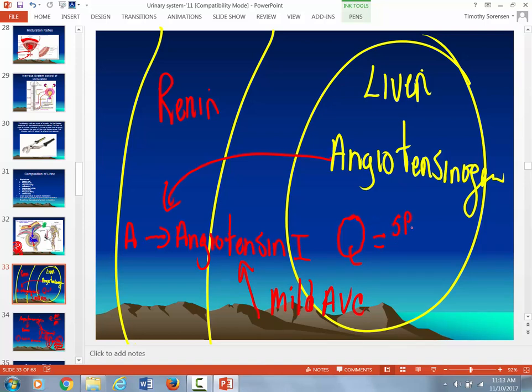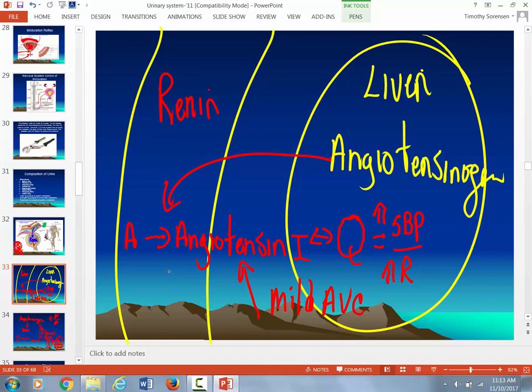It's determined by your systolic blood pressure divided by the resistance to blood flow, and the bottom line is that arterial diameter determines resistance to blood flow. So if angiotensin 1 is a mild arterial vasoconstrictor, what's going to happen to resistance to arterial blood flow? It will go up. And to maintain Q, blood flow, what has to happen to your systolic blood pressure? It will go up.